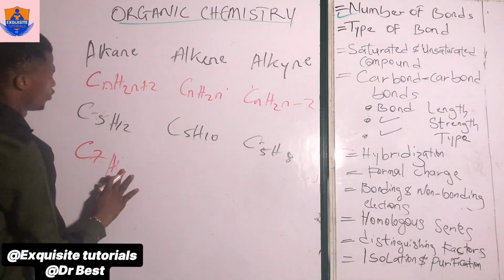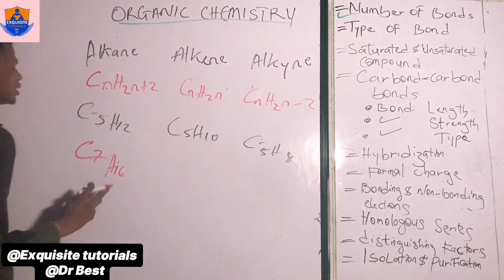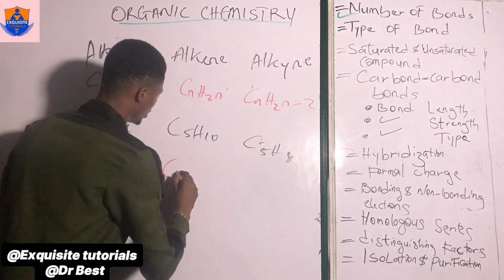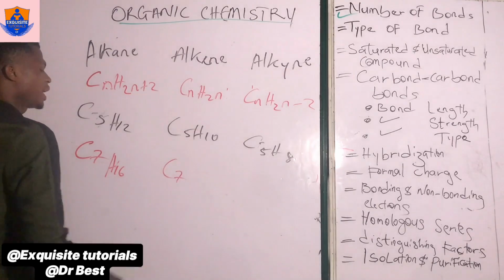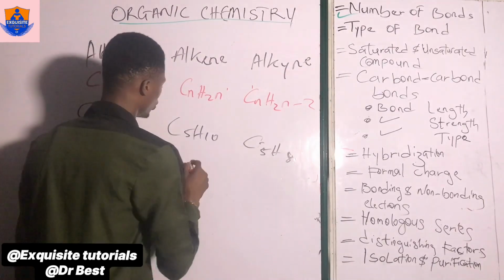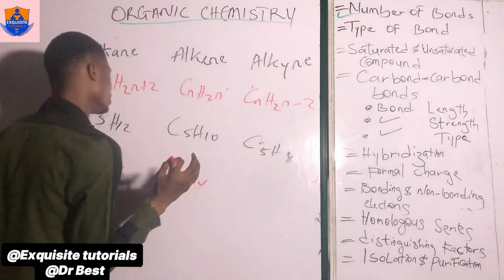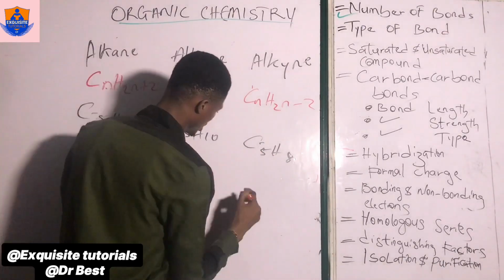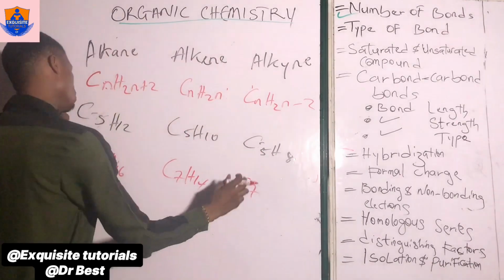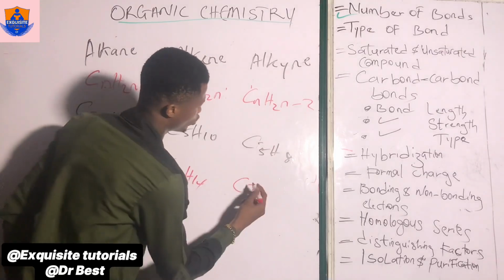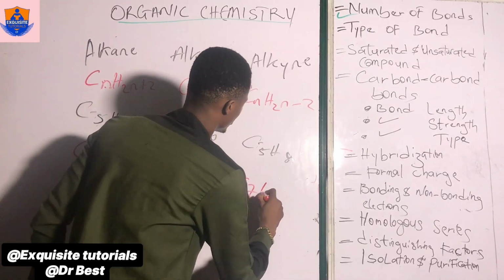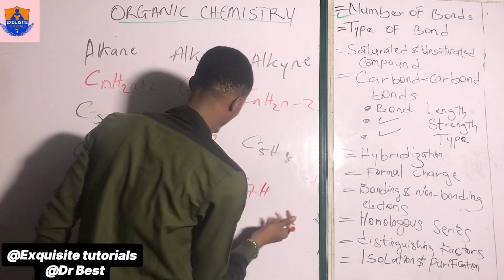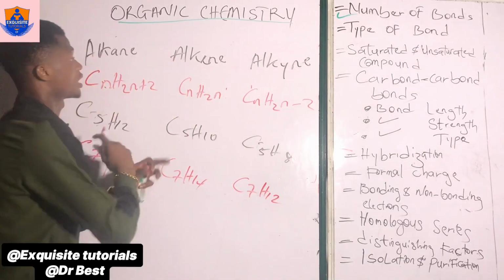That gives you the number of hydrogen, so this will be H16. Same thing for alkene: 7, multiply this by 2, it's going to give you H14. That is the number of hydrogen. For alkyne, 7, multiply this by 2, subtract 2. It will give you 7 times 2, 14, minus 2, H12. It's just as simple as that.